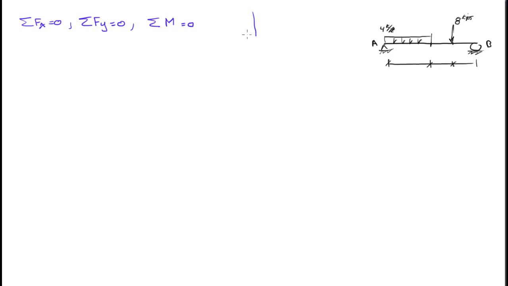And again, our sign convention is going to be like this. This is the positive x in this direction going to the right, upward is the positive y, and the rotation counterclockwise is positive.